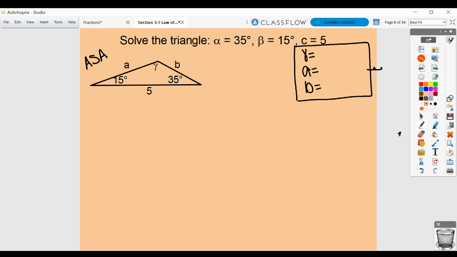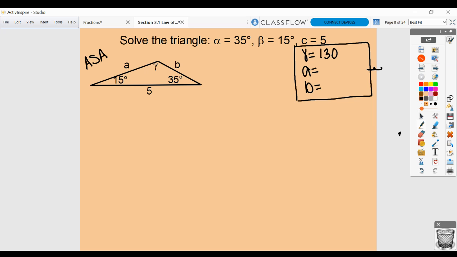Whenever you are given two angles, you can find the third one because they add up to 180. So 180 minus 15 minus 35, and you get 130.